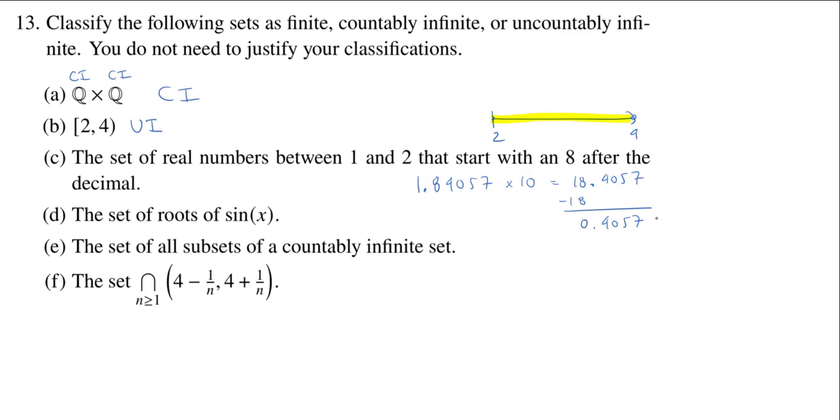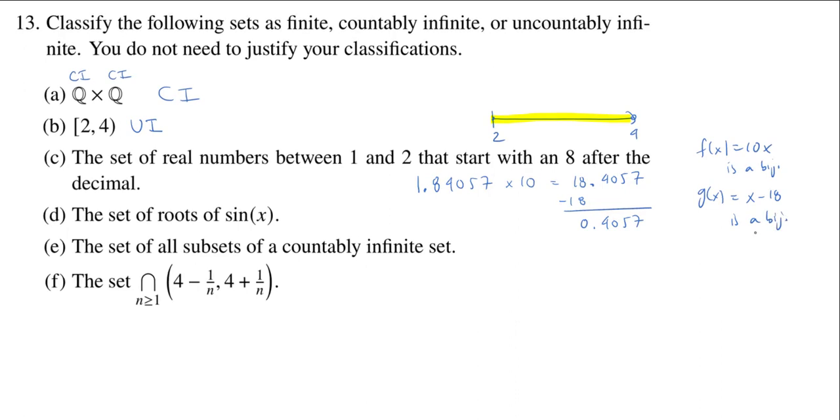And now here's the idea. When I multiply by 10, that is actually a bijection. The function f of x equals 10x is a bijection. And if I take the function g of x equals x minus 18, this is a bijection.